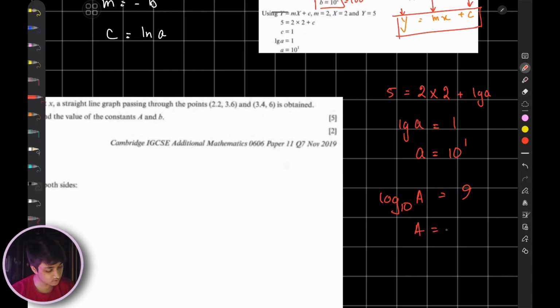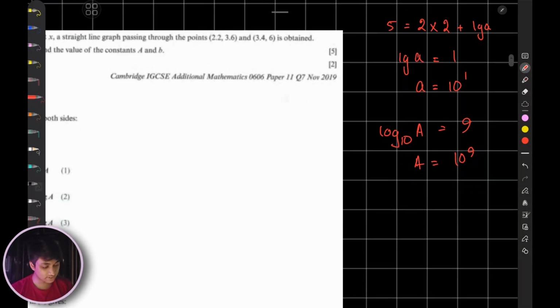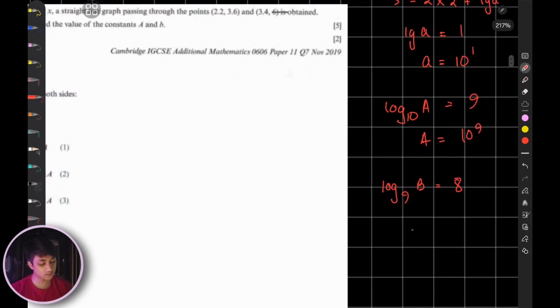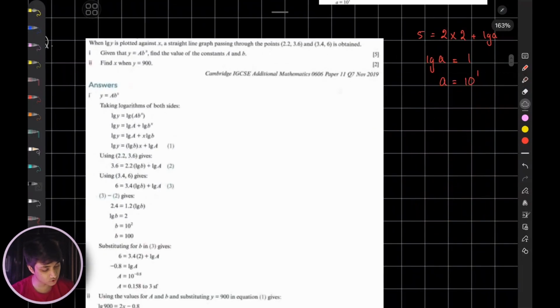It's going to be a is equal to 10 to the power of 9, right? So that's some value if you expand it. I guess it's a billion. Yeah, 1 billion. So anyways, if you have, let's say, log base 9 of b equal to 8, how do you make b the subject? It's going to be b is 9 to the power of 8, whatever the value is, right? That is how you make the term inside a logarithm the subject.